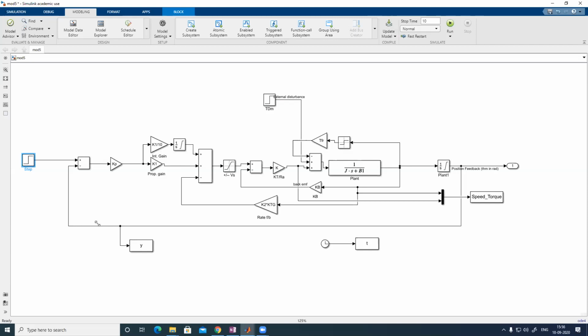But here the advantage is that with one click you will get everything. If you click the characteristics, you will get everything, because that is a linear system. In a linear system, if you give 1 volt or 100 volt, the response will be the same. If you give 1 volt and take the response, and the peak time is 5 seconds, it will remain the same for 1 or 100 or 1000. If a non-linear system comes, that will change. It will depend on the input.